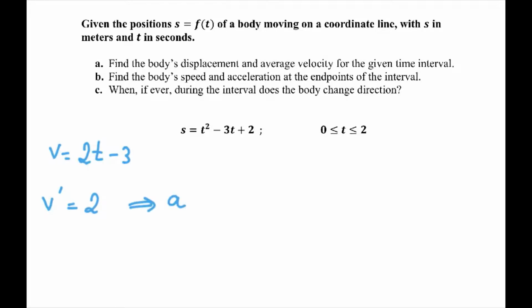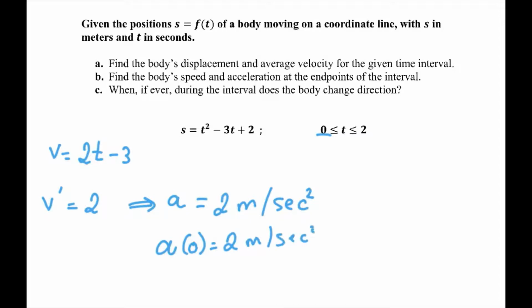So the acceleration is a constant, 2 meters per second squared. In the endpoints, a at 0 will still be constant. Also a at 2 will equal 2 meters per second squared.